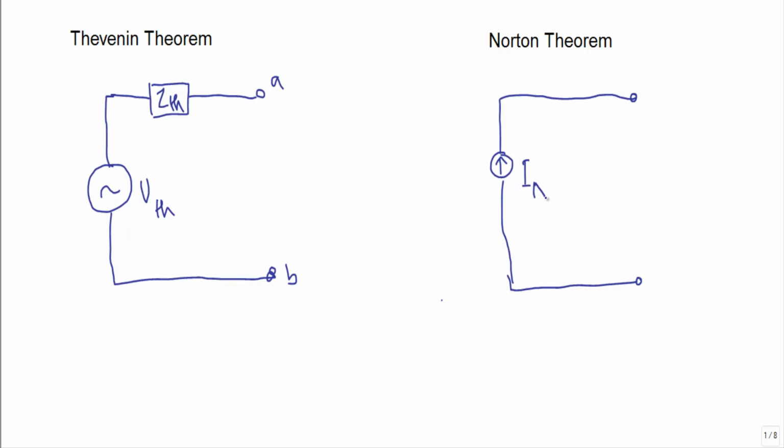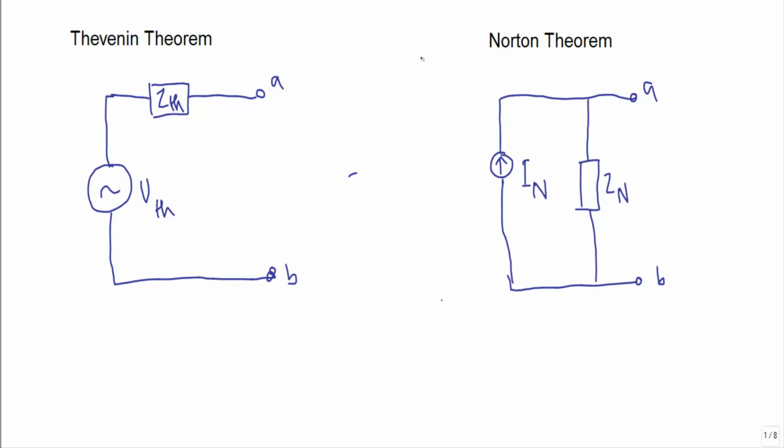That current source will be known as the Norton current source, and the impedance will be known as the Norton impedance. Within A and B terminals, that will be the Norton equivalent circuit of that network.